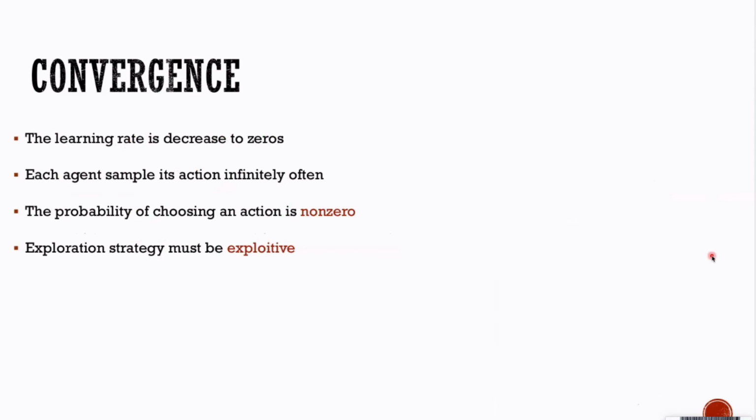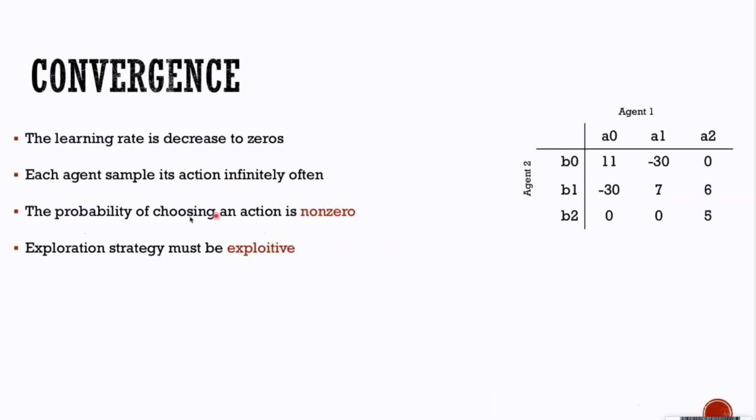They also have some conditions on the convergence. The first two are the convergence conditions for Q-learning, and they also add another two. The reason is simple, right?